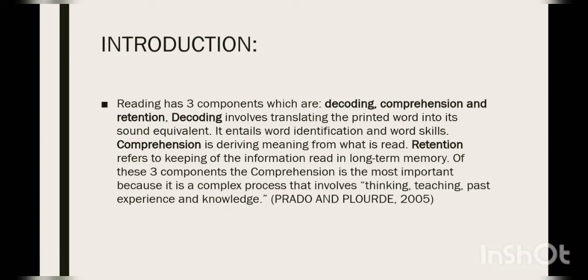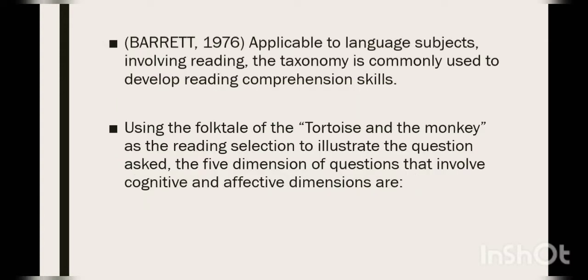Among the widely known categories of reading comprehension skill is the taxonomy developed by Barrett 1976. Applicable to language subjects involving reading, the taxonomy is commonly used to develop reading comprehension skills.